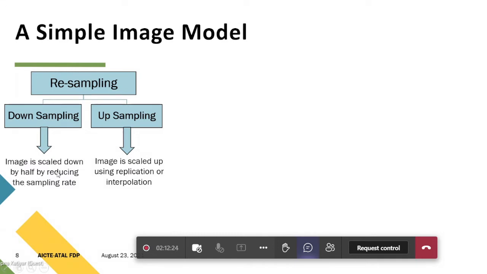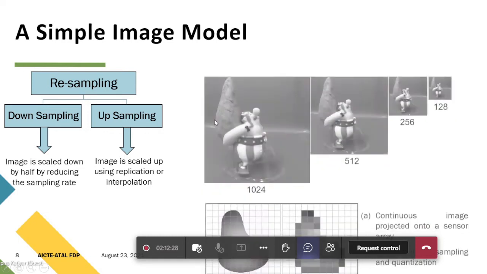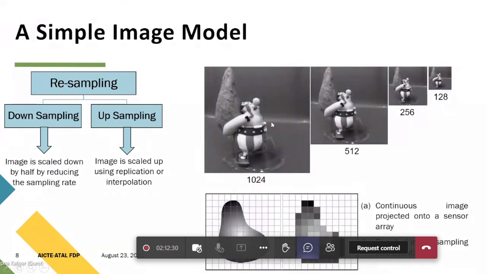If the image is scaled down, the size of the image is reduced. In the first diagram, moving from left to right, the size of the image is large, then it is reduced by half, further reduced by half, and further reduced by half. So the image size can be reduced.